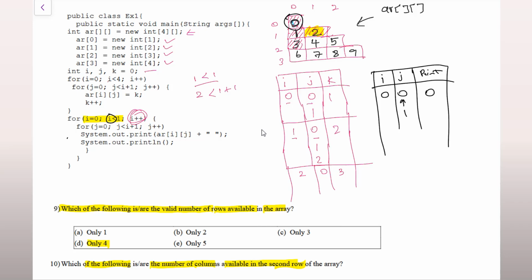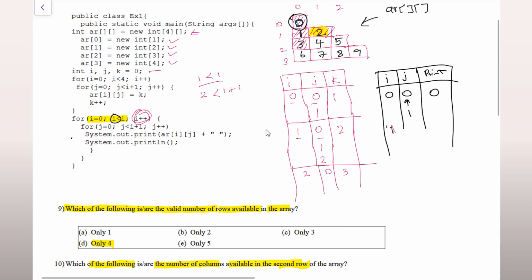So i plus plus, which means i becomes 1. So 1 less than 1 is false, so because of that it will not go inside. The loop is all done. So the only thing that will be printed is 0.